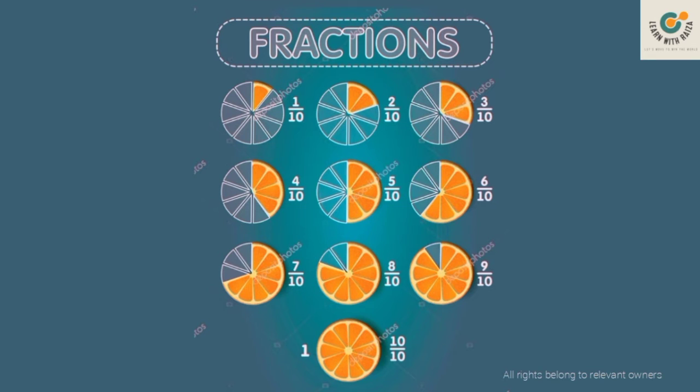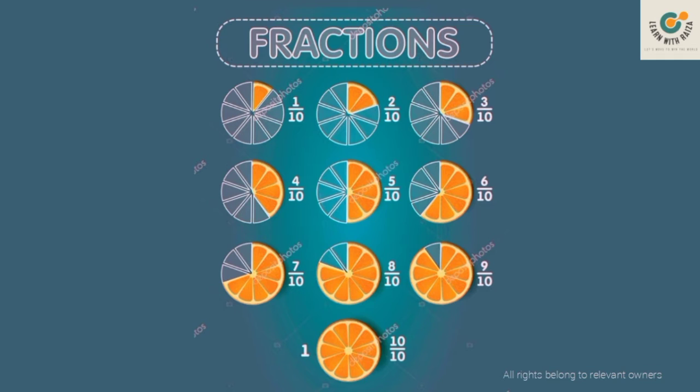Here there are similar figures, right? Now you can see the shaded portions. In the first picture, out of 10 parts, 1 part is orange. So we are representing it as 1/10. In the second picture, 2 parts are shaded, so 2/10.